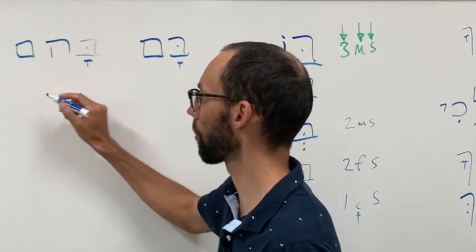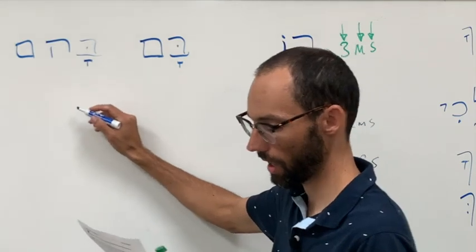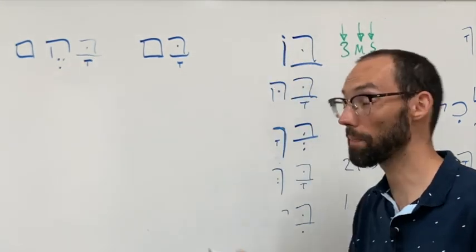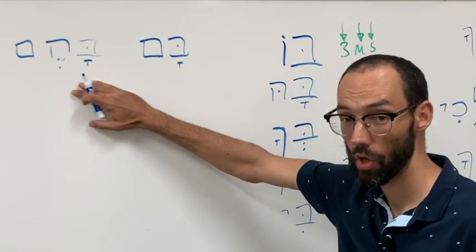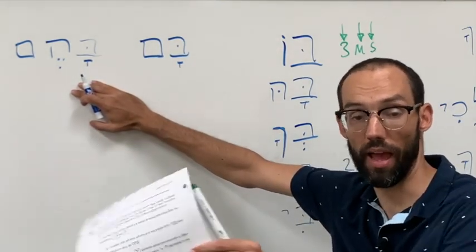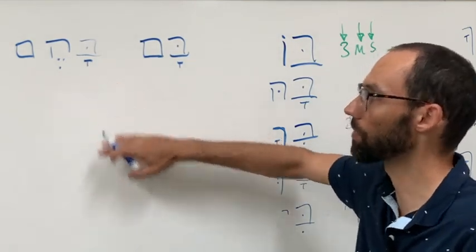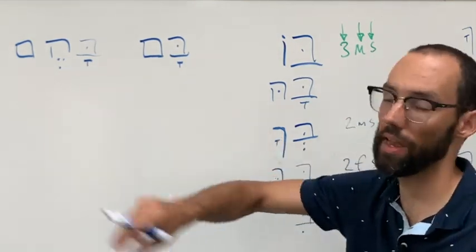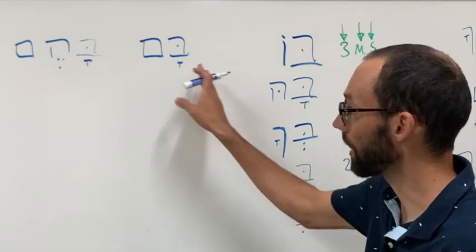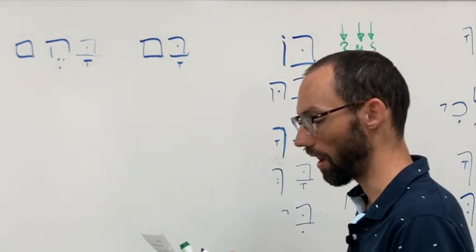It's just a longer form. Bahem. But either way, it's a third masculine plural. In English, they or them doesn't have a gender. It's common. But in Hebrew, they do. They have a they men and they women. So in them, with them, for men.